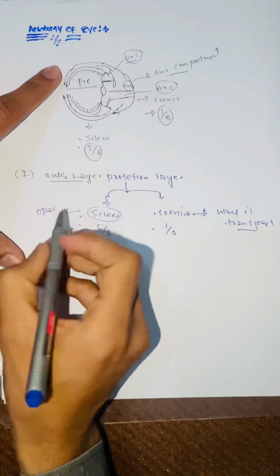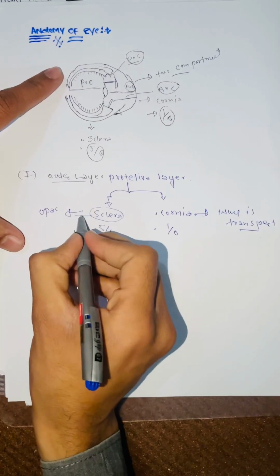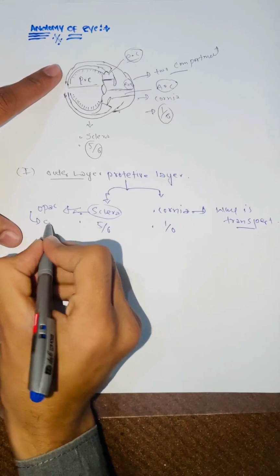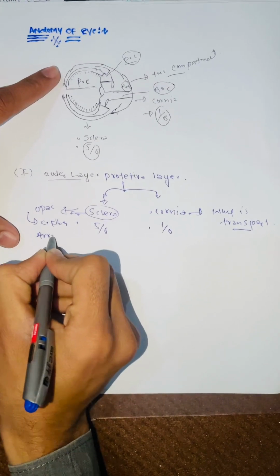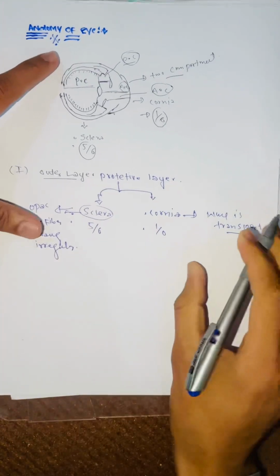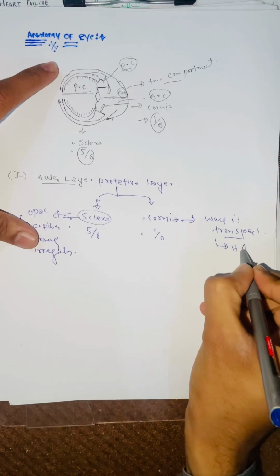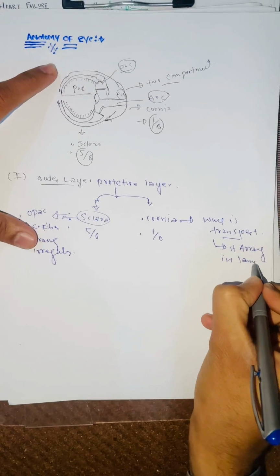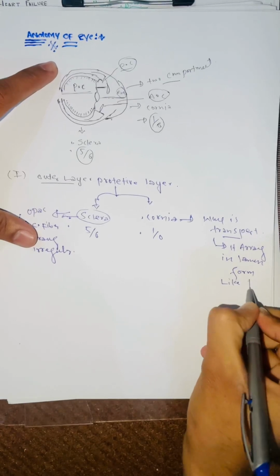Because of the arrangement of the collagen fibers. In the sclera, collagen fibers are arranged irregularly, and here in the cornea they are arranged in lamina form, like this.